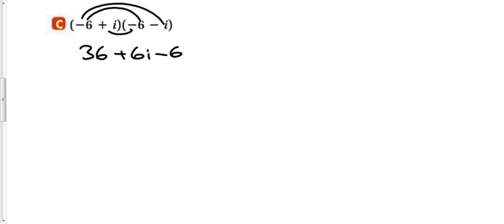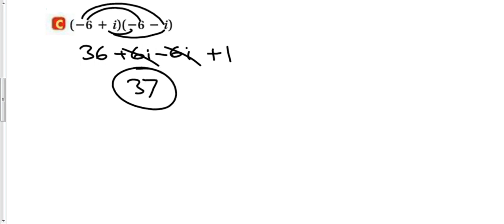Inside, minus 6i. And the last would be negative i squared, which changes into negative 1, which changes into plus 1. Minus a minus 1 turns into plus 1. And look here, we have plus 6i and minus 6i, so they cancel each other out. So my answer is 37.